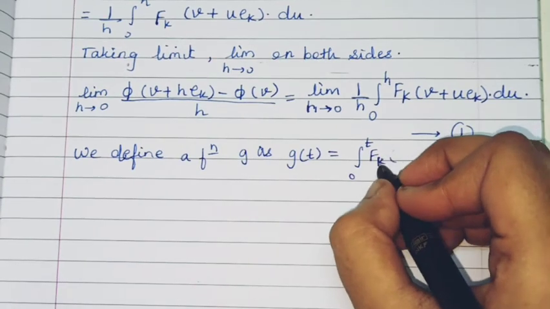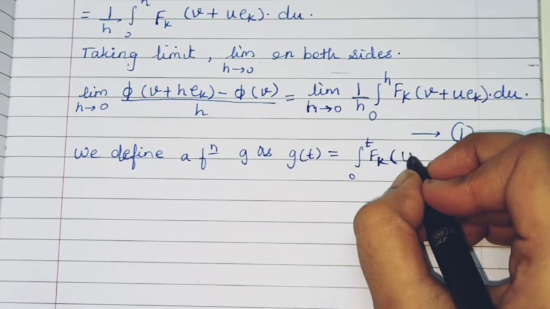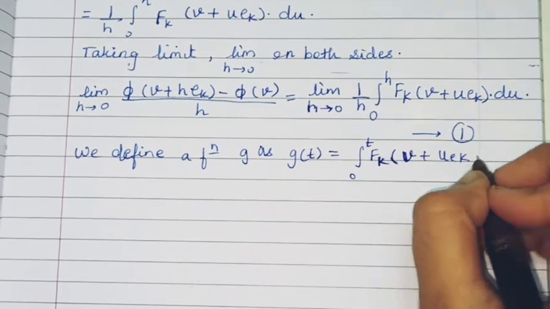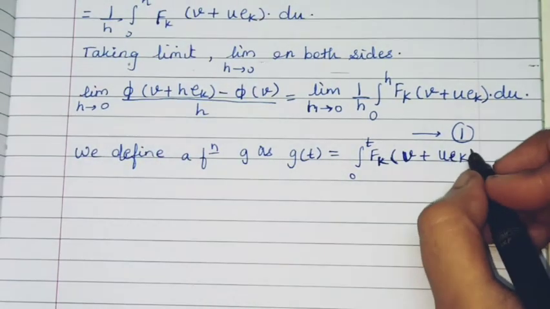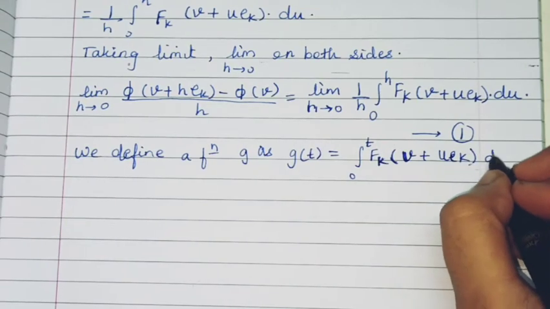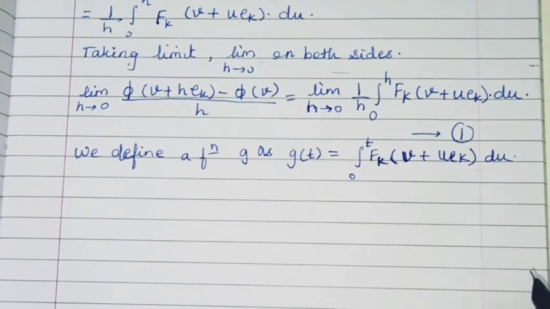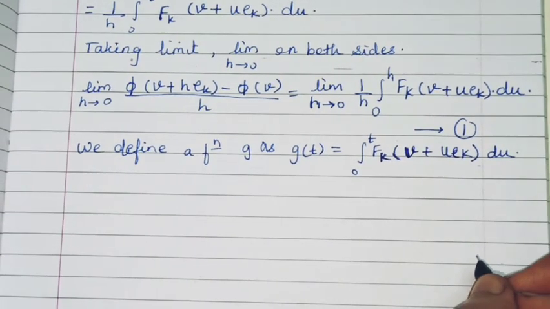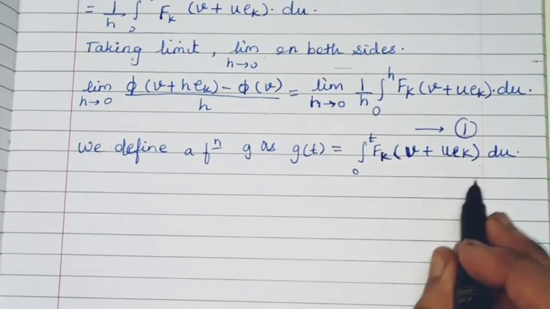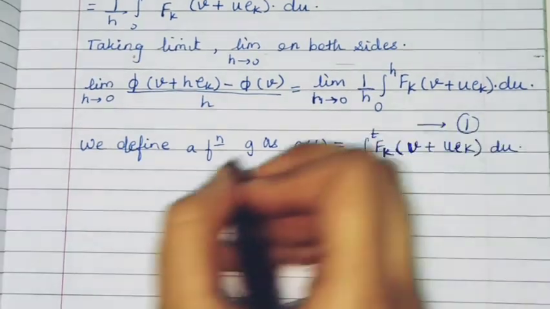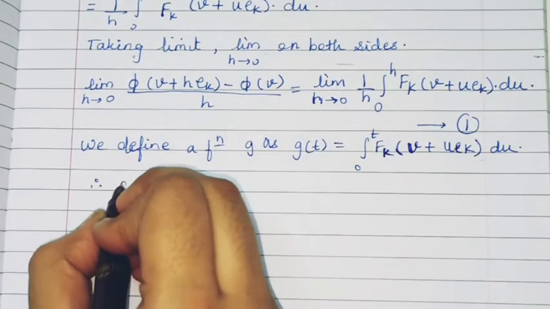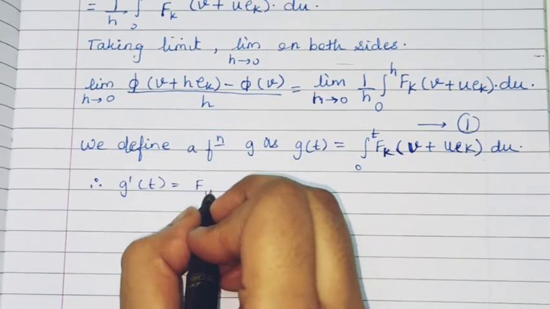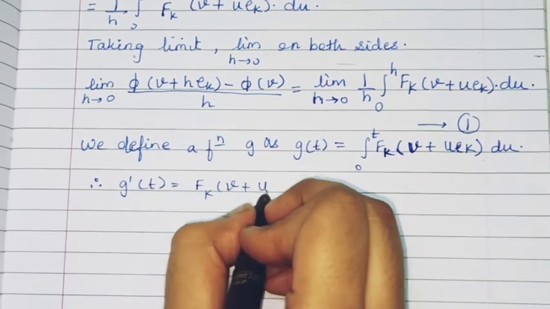That is the right hand side part, leaving the limit term. So the whole integration term is taken as g of t. Now we will find the derivative. When we differentiate, the integration is nullified. So we get g dash of t is equal to fk v plus t ek.